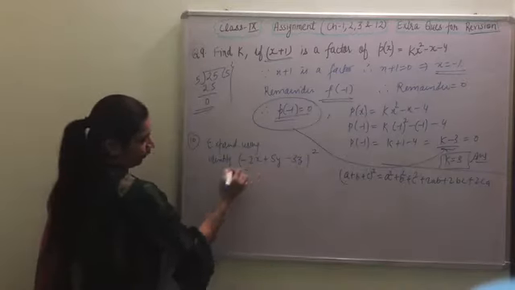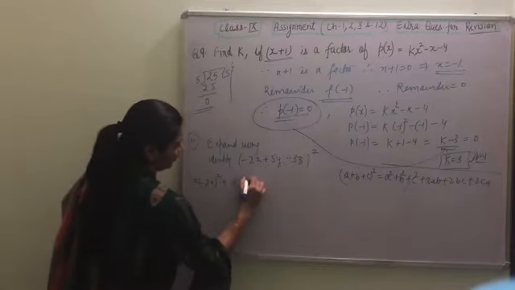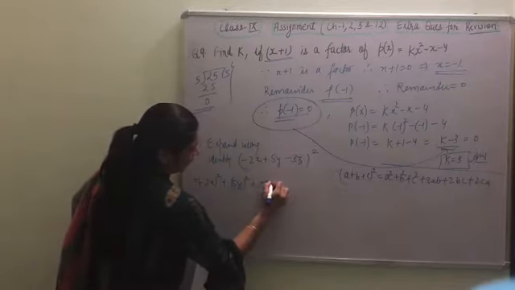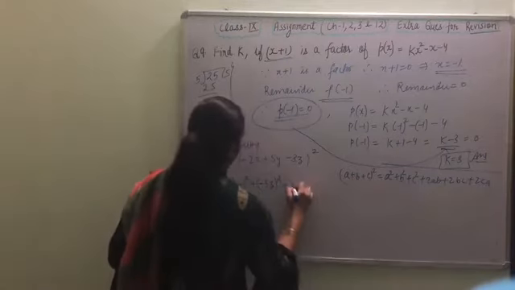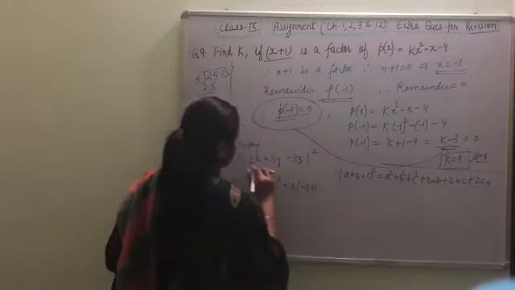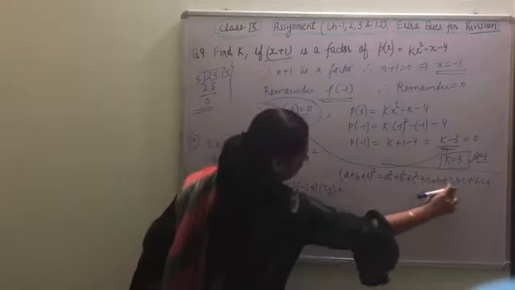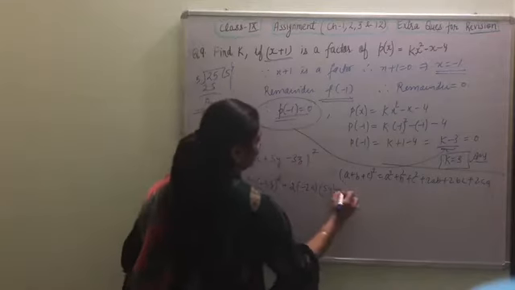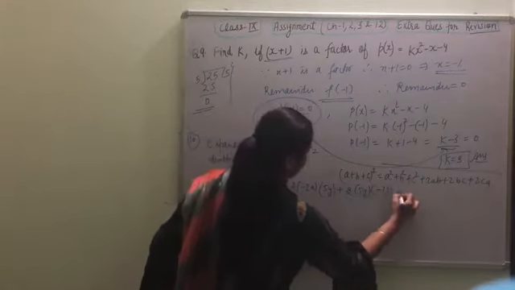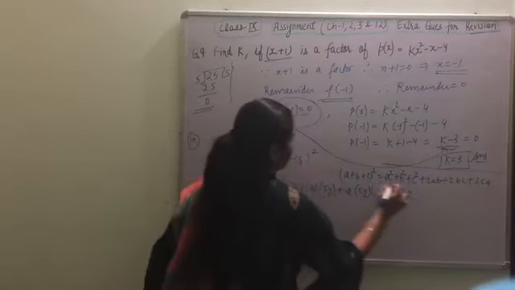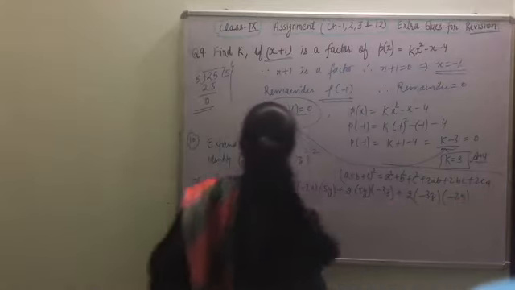So minus 2x square, 5y square, minus 3z square, plus 2ab, twice of first term into second term, plus 2bc, second and third, twice of 5y into minus 3z, plus 2ca, last term minus 3z into minus 2x.